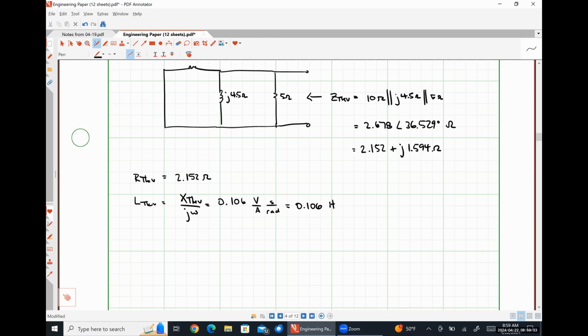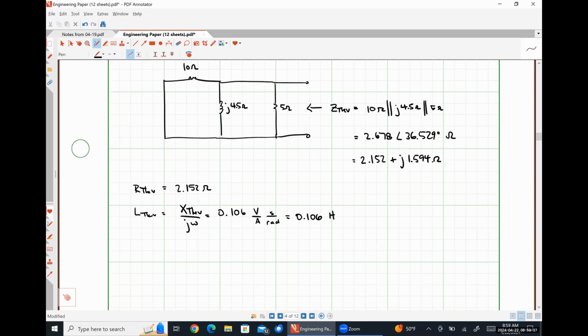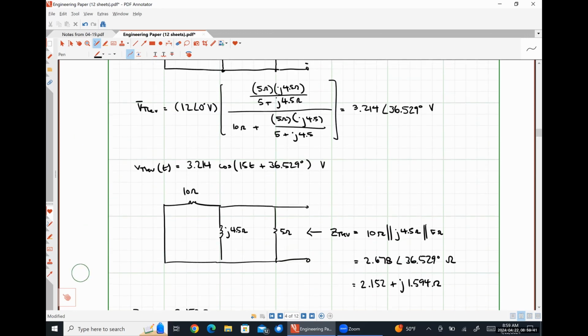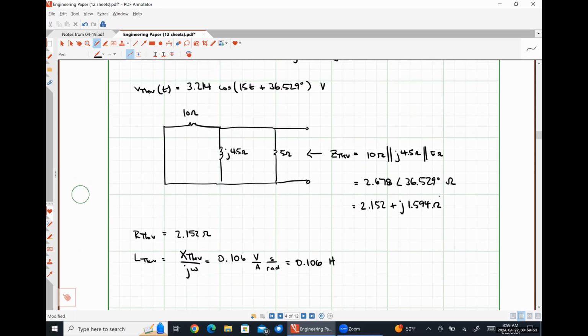So for sure, the Thevenin voltage would change because that's calculated at a particular frequency. I would posit that the Thevenin impedance will also change at a different frequency, which will wind up giving us a different resistance and a different inductance as well.